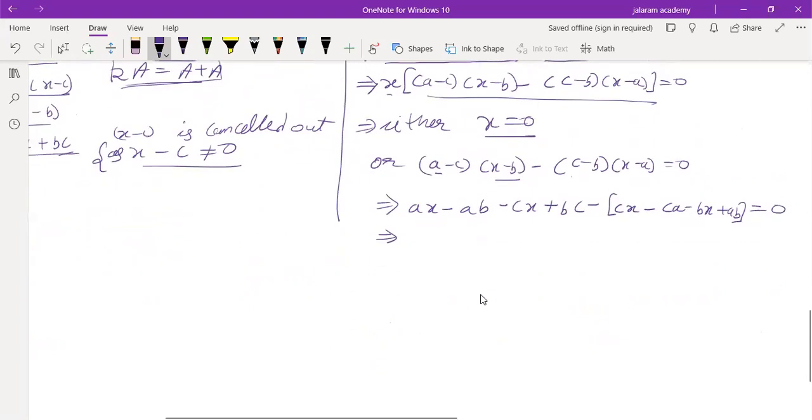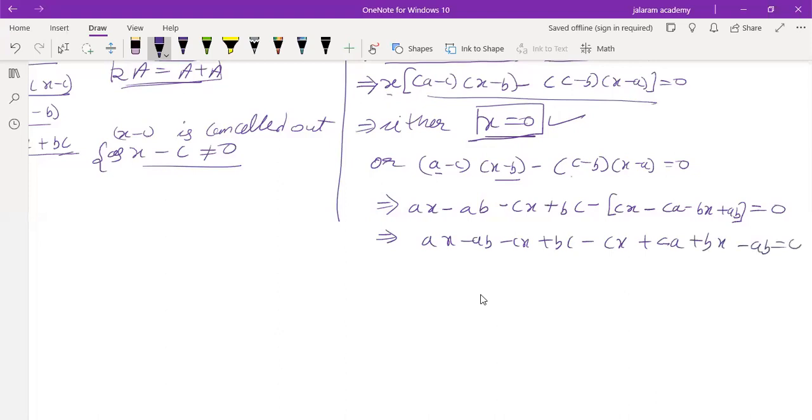It implies now we will solve only this, as one value we have already obtained, that it is 0. Now ax minus ab minus cx plus bc, open the bracket, minus cx plus ca, plus bx minus ab equals 0. Now the terms ax minus cx plus bx are written together, and all the terms which do not have x are transferred to the other side.